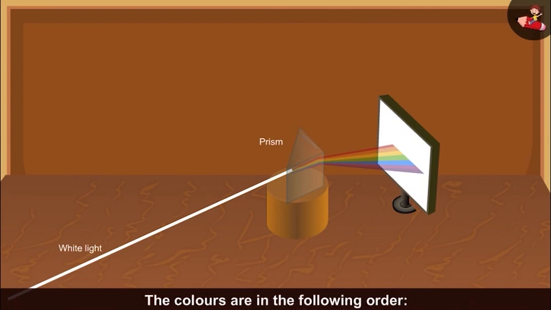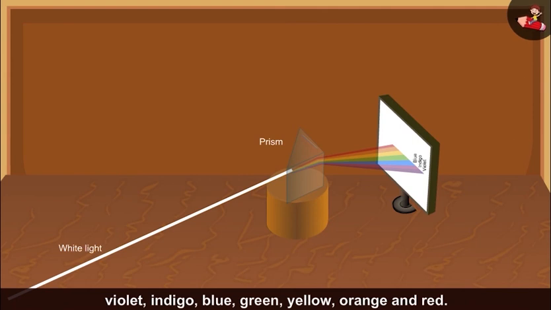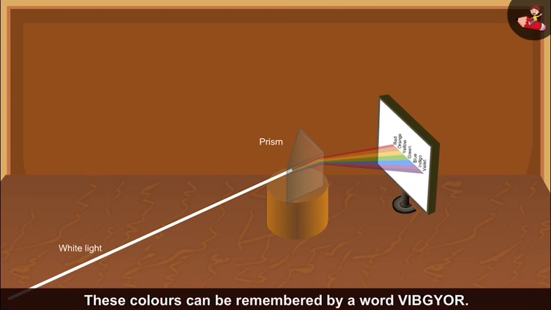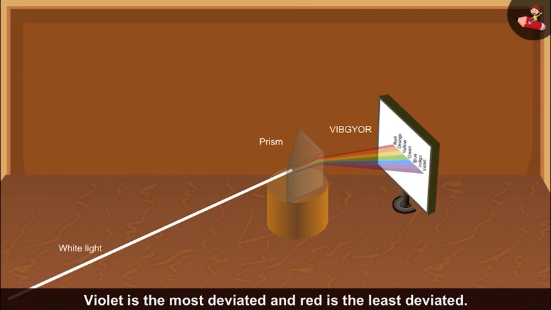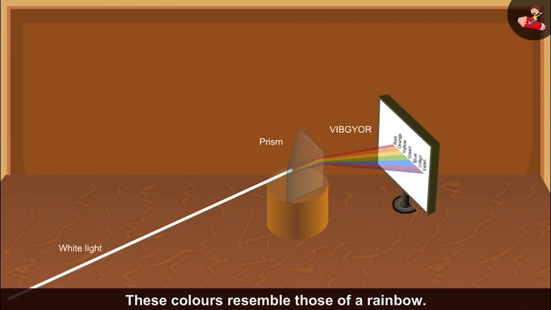The colors are in the following order: violet, indigo, blue, green, yellow, orange, and red. These colors can be remembered by a word, VIBGYOR. Violet is the most deviated and red is the least deviated. These colors resemble those of a rainbow.